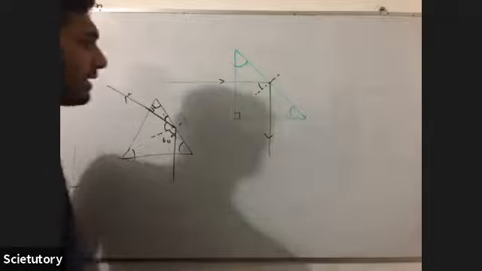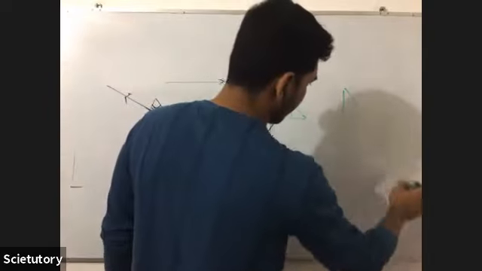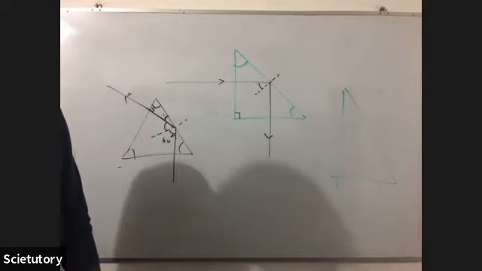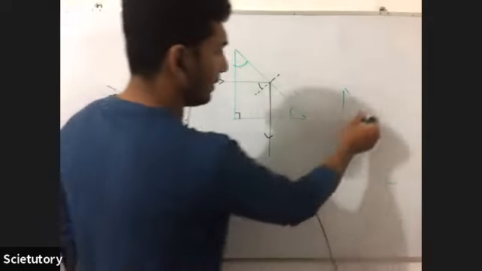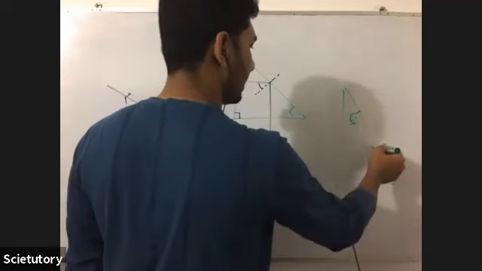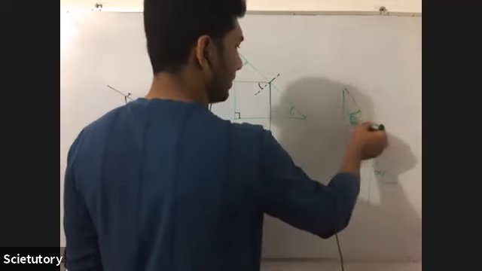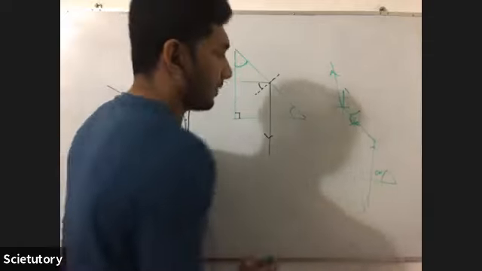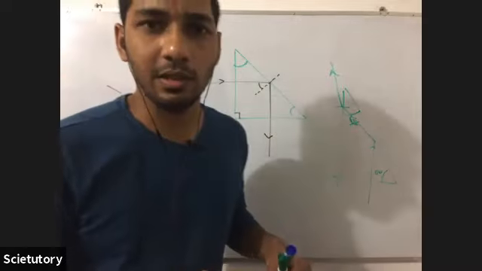For the second diagram, this is 30 degrees, this is 60. If you send something like this, you will have some refraction here too. So never 90 degrees of deviation.